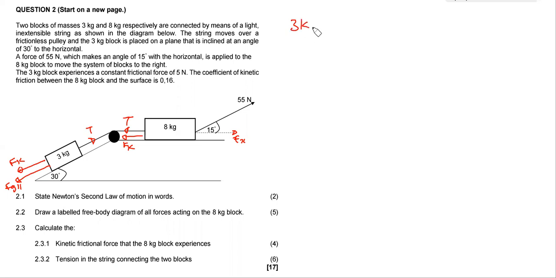On the 3 kg block, we are using the equation F net is equal to ma. What is our F net there on the 3 kg block? It's going to be T minus Fg parallel minus Fk, giving us ma.